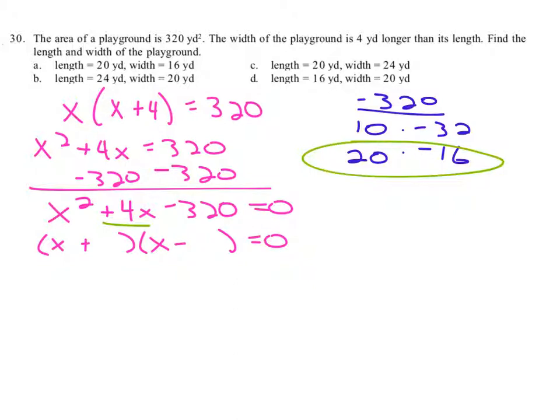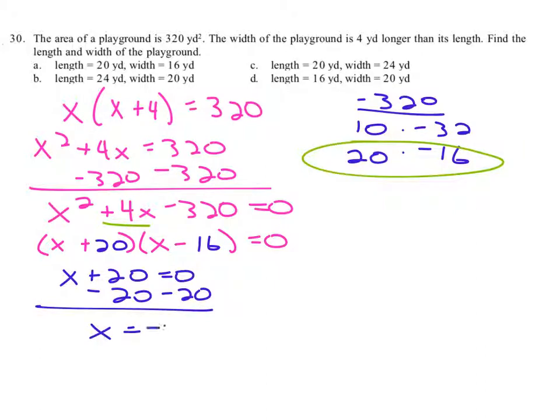So we say that 20 is the positive number, and the 16 is the negative, and so now we're going to say x plus 20 could be the thing equal to 0. Or x minus 16 could be the thing equal to 0.